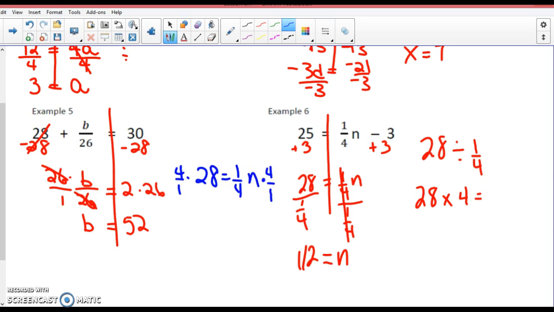Isn't 1/4 times 4 over 1, 1? Isn't that the inverse of multiplication? Multiplying by the reciprocal always gives you 1. So n equals 112. Isn't that quicker? As long as you realize that dividing by 1/4 is the same as multiplying by 4 over 1, you're good to go. And yet you really got to do that anyway. All right.